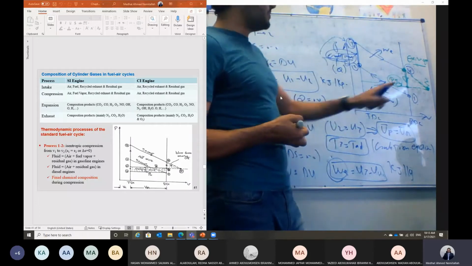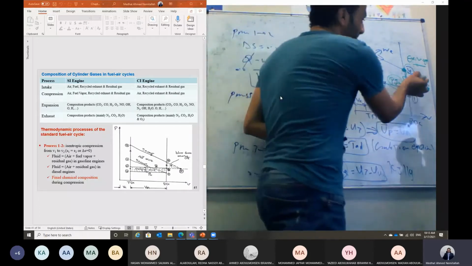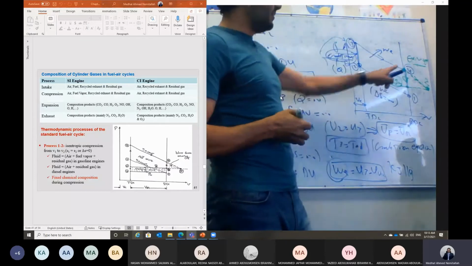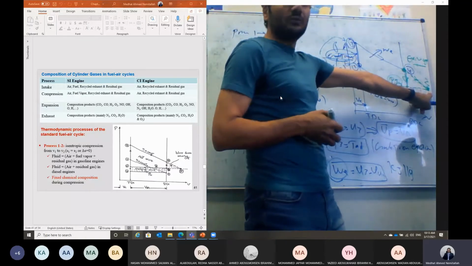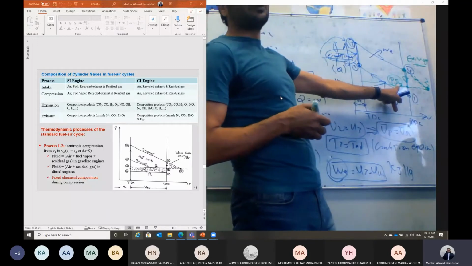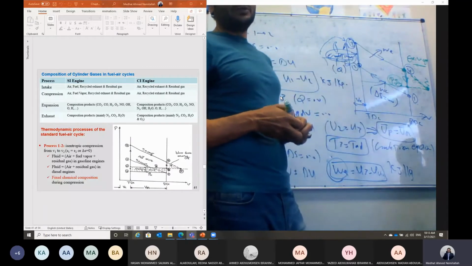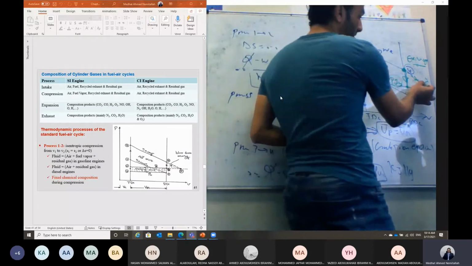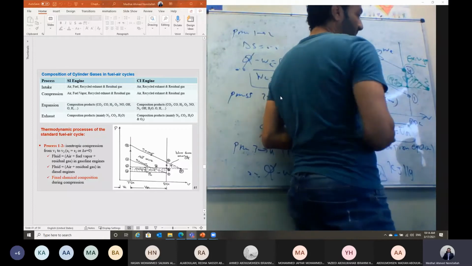Atmospheric pressure. But this expansion is outside the engine. This is atmospheric expansion of the exhaust gases under high pressure. It will expand outside the engine until it reaches 5 prime, at which the pressure is equal to the atmospheric pressure.